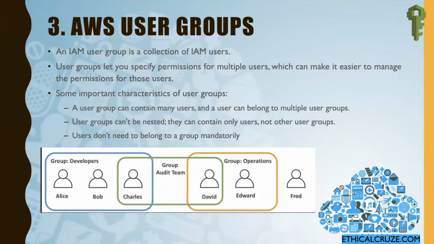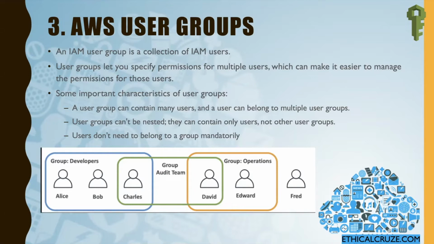If a particular user, let's suppose user Alice, is authorized to access the EC2 instance, then if we provide permission to Alice, only then will she be able to access that particular resource. But if we do not provide any permission to Bob, then Bob will be able to authenticate himself by entering the credentials or through the CLI method. But still, Bob will not be able to access the EC2 instance or S3 bucket because Bob does not have the permissions.